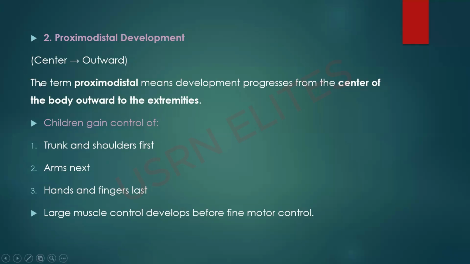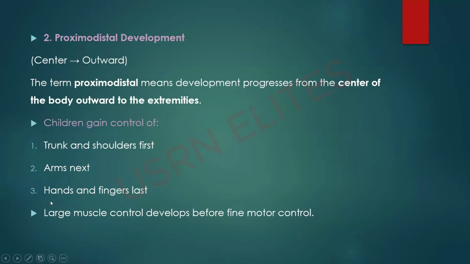All right, so it says the term proximodistal means development progresses from the center of the body towards the extremities. So an example is the child gains control of the trunk and shoulders first. Okay, then the arms next.